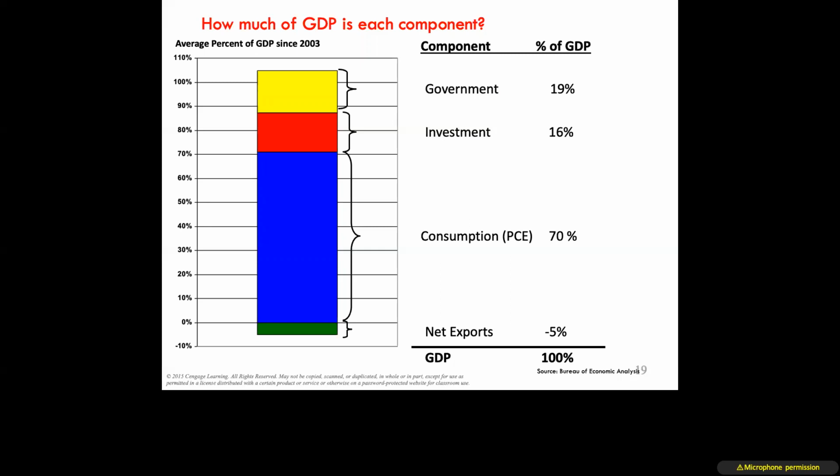Then we'll have investments. Investments, remember, will be homes, production, and inventory. And then we'll have consumption, personal consumption mostly. Notice how much the consumption of goods and services makes up of our GDP. And then we have net exports and imports. And we were negative in 2003, that's a negative number. And this makes up the entire GDP.